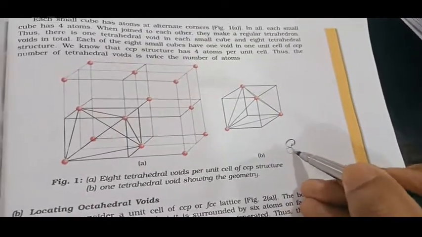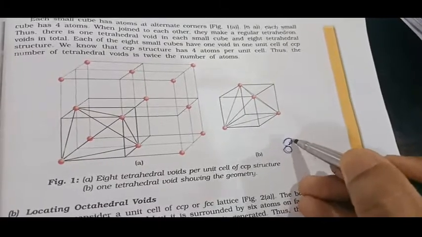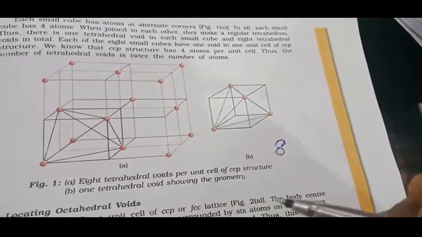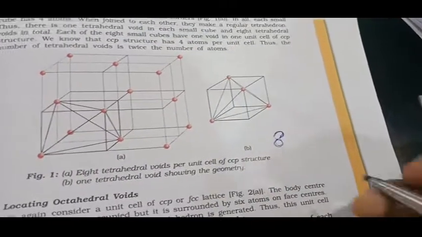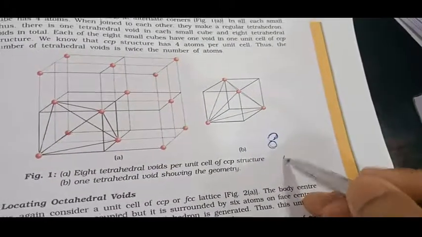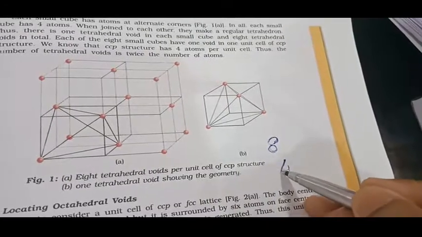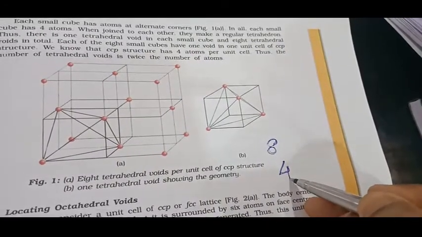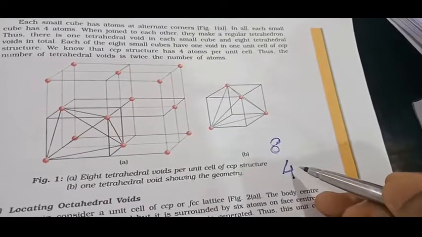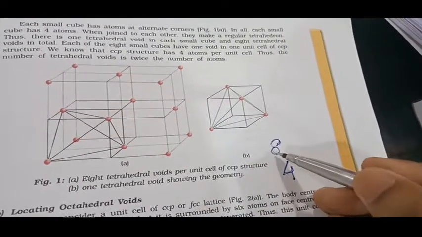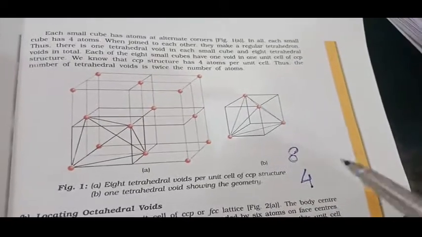Clear? Now what type of structure is it? It is face centered, and in the earlier lecture we discussed that in the FCC arrangement there are 4 particles. So if 4 particles are there, then according to the concept, the tetrahedral voids should be twice in number, that is 8. So this is the concept behind why tetrahedral voids are twice in number.